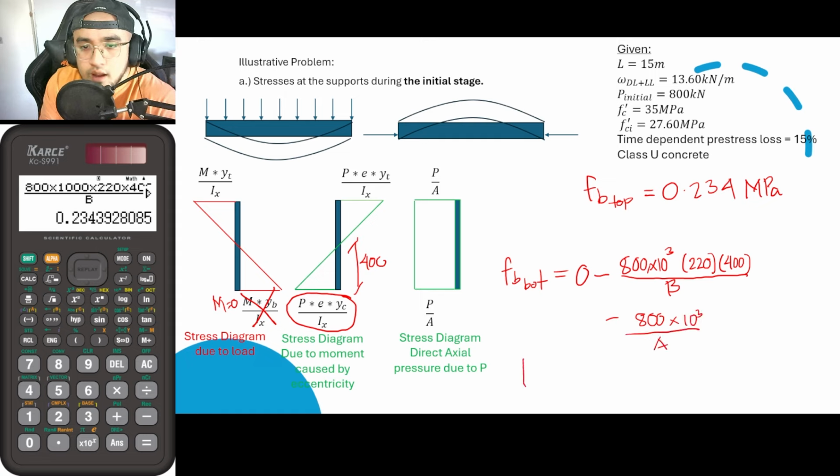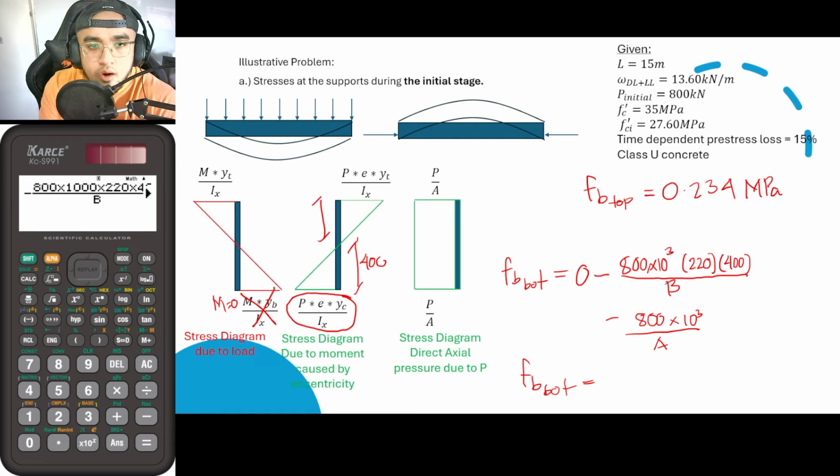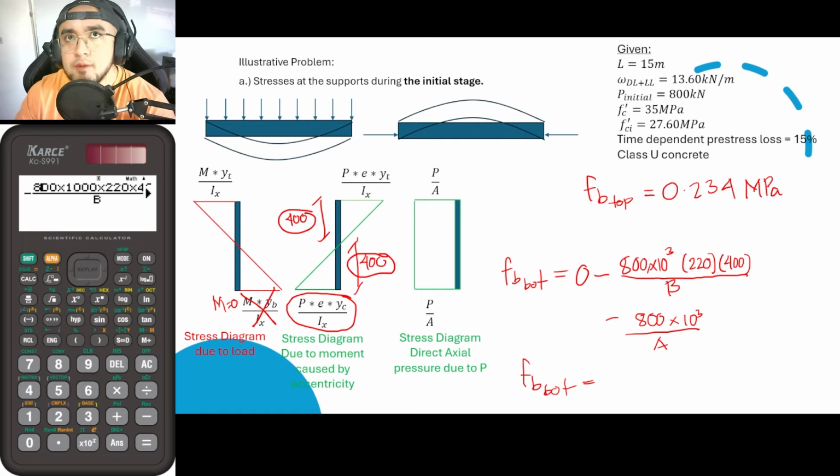Coincidentally, in my calculator, what changes is just the sign. It is just a coincidence because our section is symmetric, thus both YT and YB are equal. So I would just change this into a negative value.